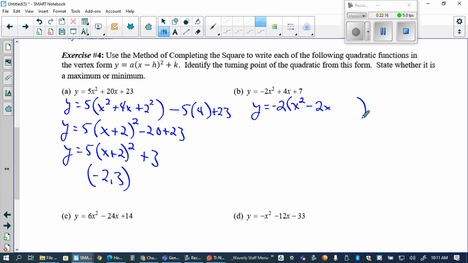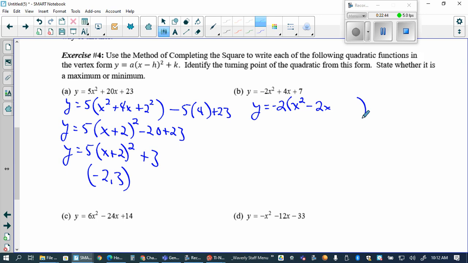What are we going to add inside there? What's the B? -2 squared, 4. Why not B over 2 squared like we've always done? Where are you getting the 4 from? The B is -2.